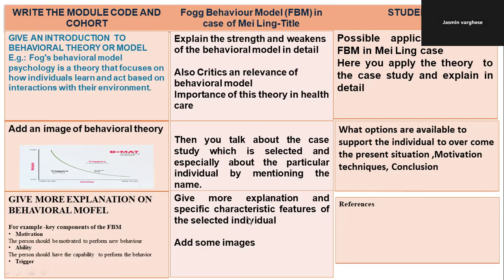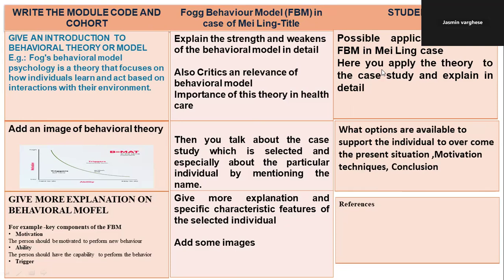All right. After writing these things, you can go to the third session. In the third session, what you have to do is the application of the behavioral model to the specific case. Either in Hassan's case or Meena's case or whoever the individual you have selected, you can apply the behavioral model to that particular individual's lifestyle.